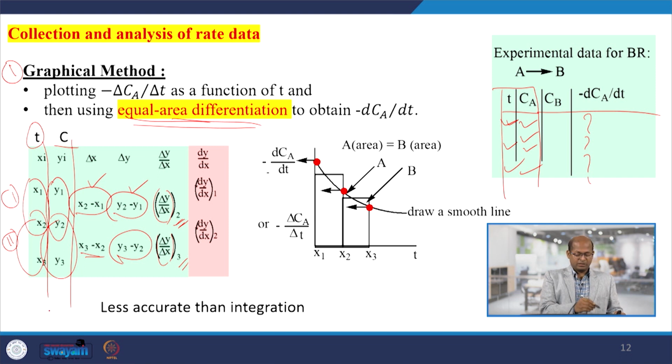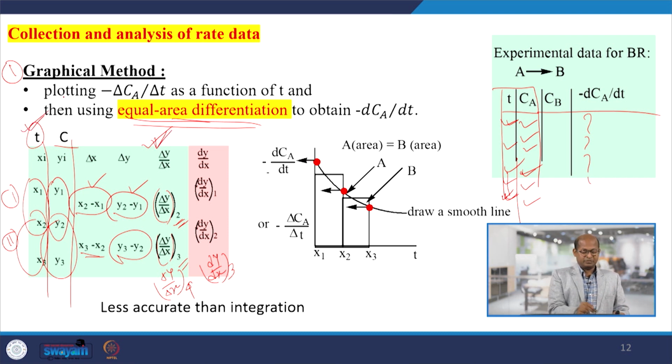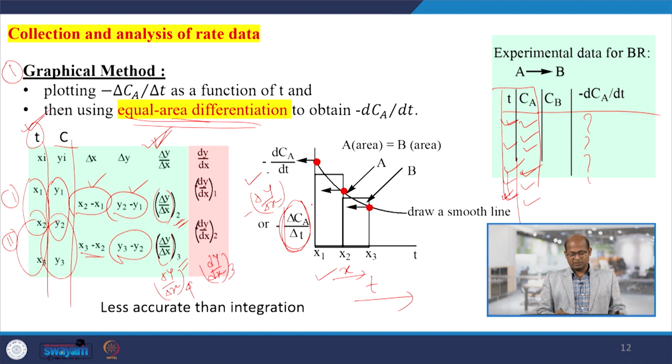Like that, other data points also, a set of data points we have from the experiment. So we can find delta y by delta x 4, delta y by delta x 5, delta y by delta x 6, like that. We have this, and on the x axis time. Now we plot delta y by delta x against t, that is, minus delta CA by delta t against t.